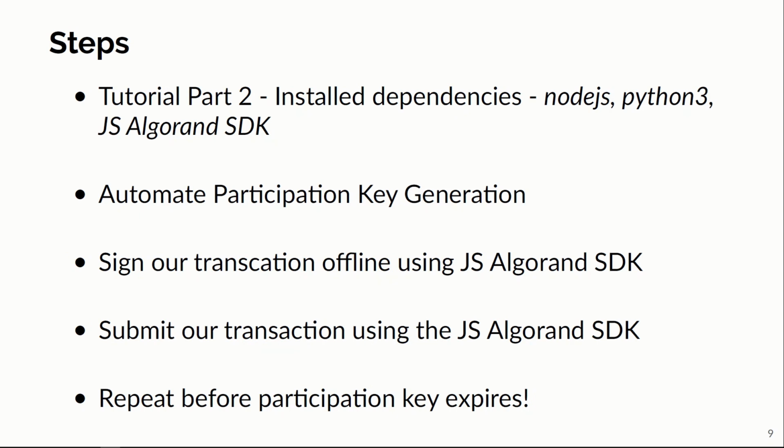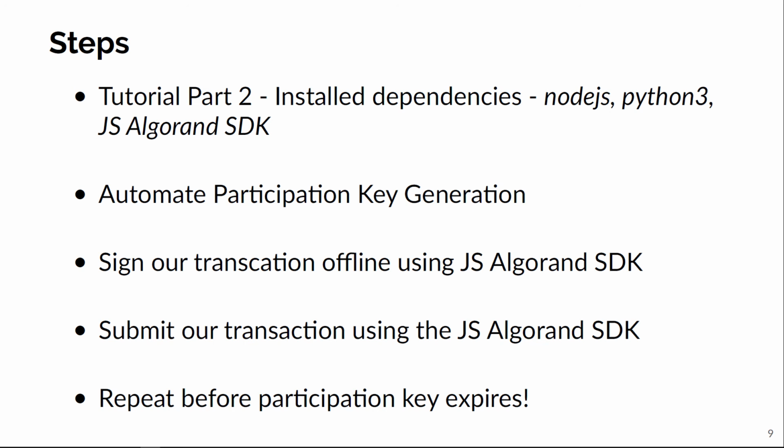In the tutorial, we will need some dependencies. In case you haven't installed them yet, I strongly encourage you to navigate to tutorial part 2, where we cover the steps required to install them. Then I will show you a small script which I have made to automate the participation key generation.